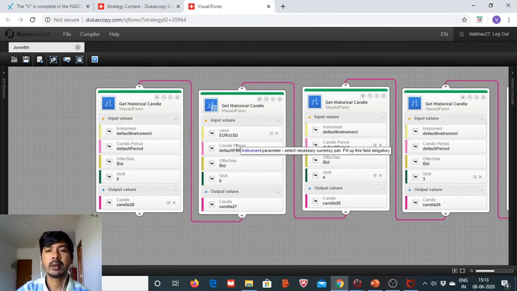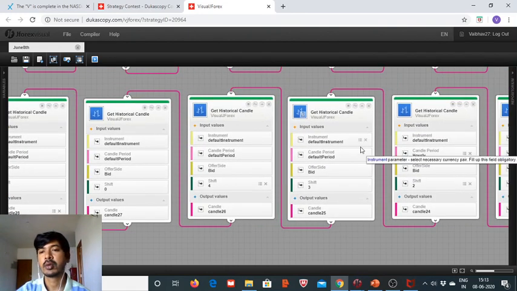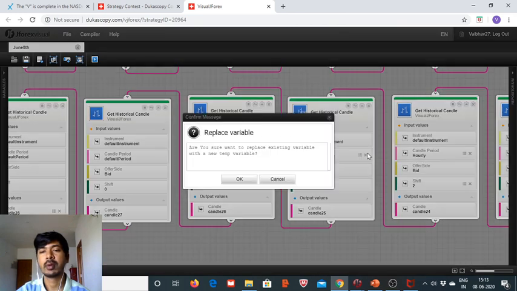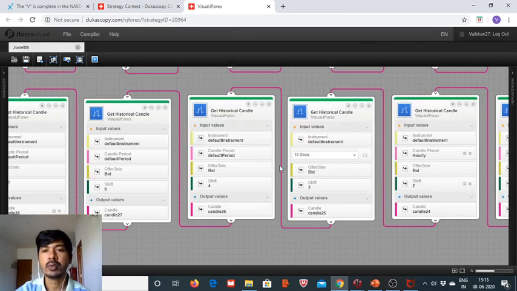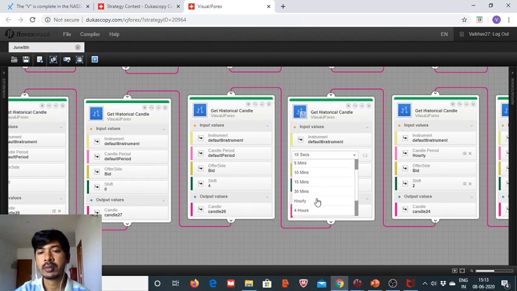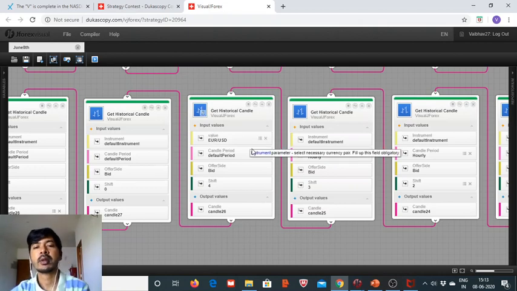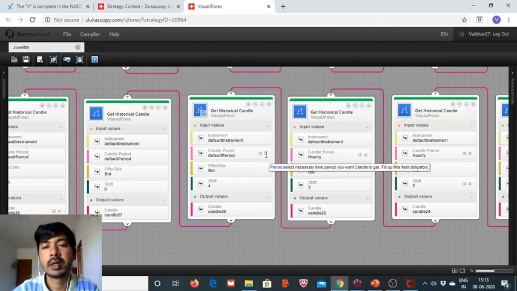And then this will be defined at 1 minute each. So only these two blocks will be defined at 1 hour each now. So here hourly, this one as well will need to be changed to the hourly time frame.